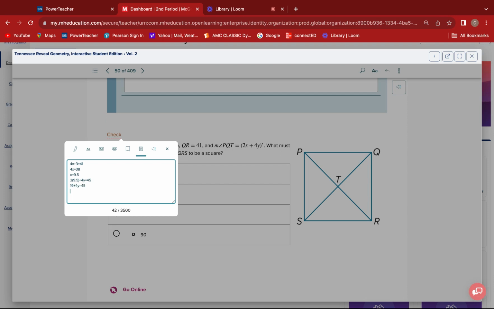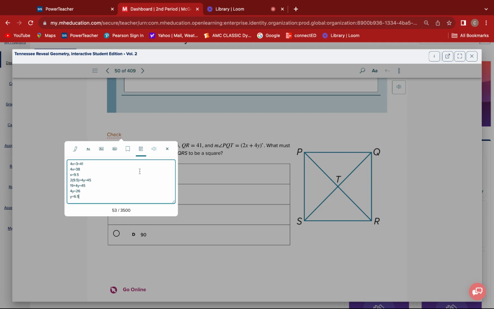All right, I'm going to subtract 19 from the other side so I can get my numbers that do not have letters combined together. 45 minus 19 is going to be 26. And the opposite of multiplying by 4 is to divide by 4. So 26 divided by 4 is 6.5.